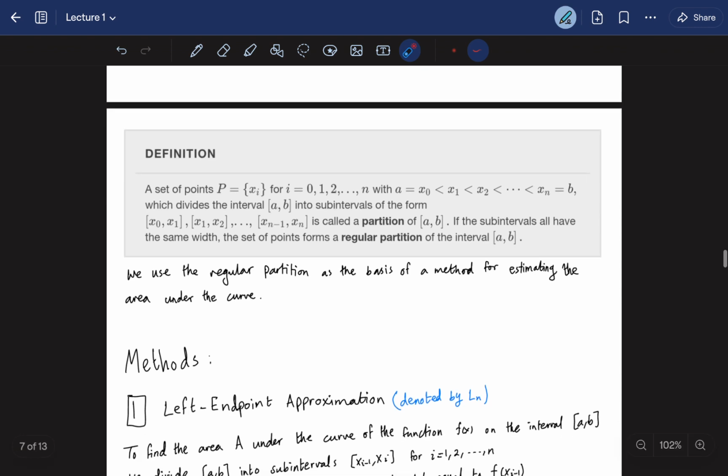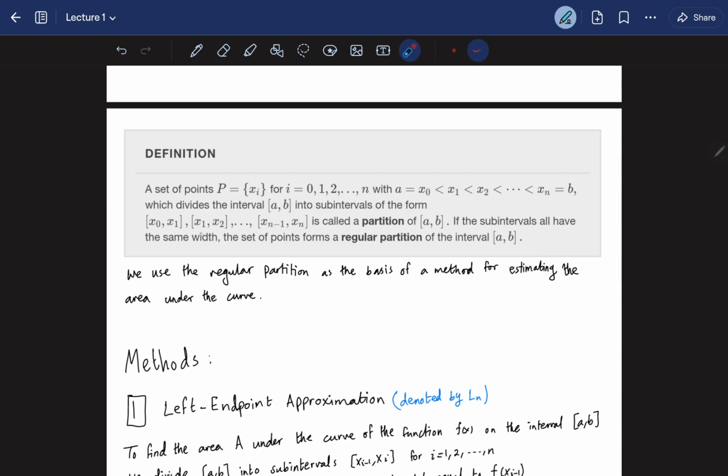Before we start, let's state some definitions here. If we divide the interval [a, b] into subintervals, we're going to have x0, x1, this is my first interval; x1, x2, my second interval; up to xn minus 1, xn, that's the last interval. We call this a partition of a and b.